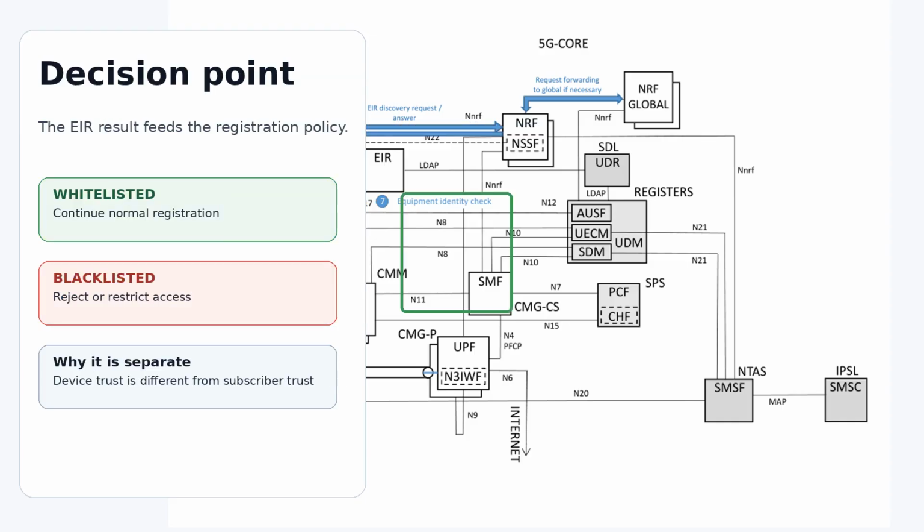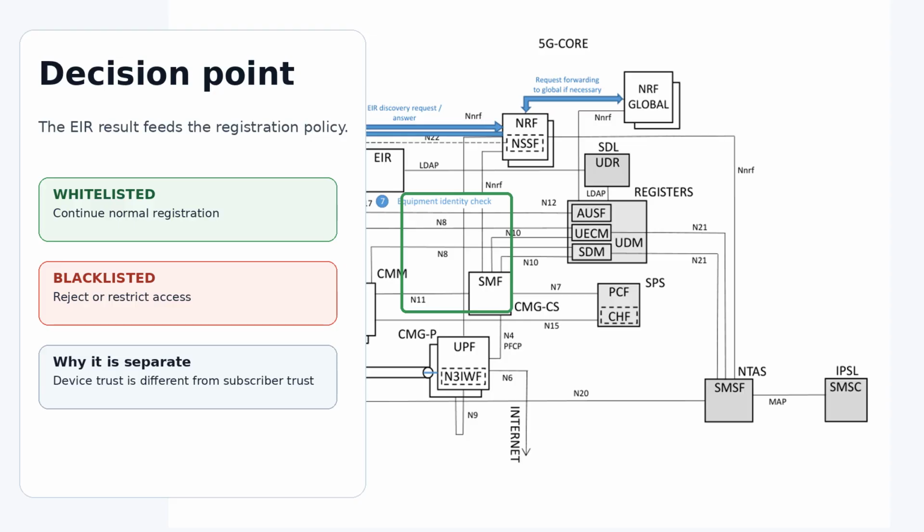It helps to think of the EIR as a decision point in a registration pipeline. The AMF first receives the registration request from the device through the GNB. Then it may run identity-related checks, including this equipment identity check, before the device is fully accepted into service.